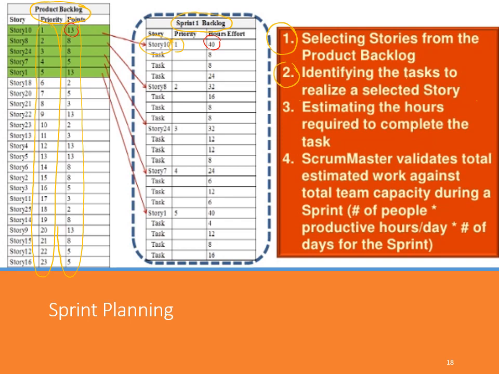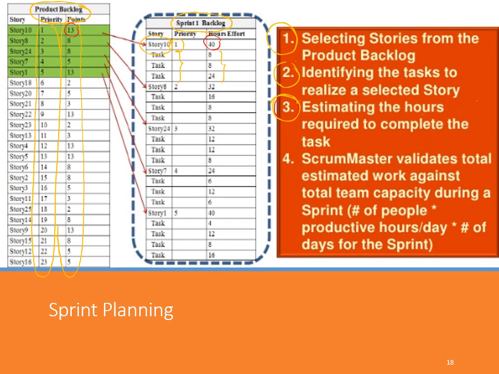And then in step number 3, we need to estimate for a particular story that we choose how long the team thinks we require to complete the story. And after we break down, of course, the tasks have to sum up cumulatively to the total hours of the whole story.